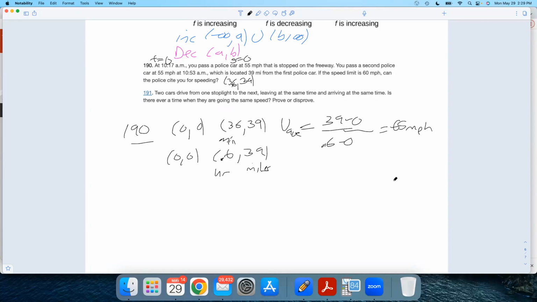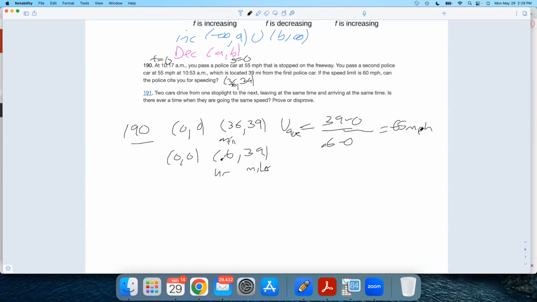All it is is distance divided by time. Rate equals distance divided by time. So the mean value theorem says there must be at least one spot during that time when I was going 65 miles per hour.